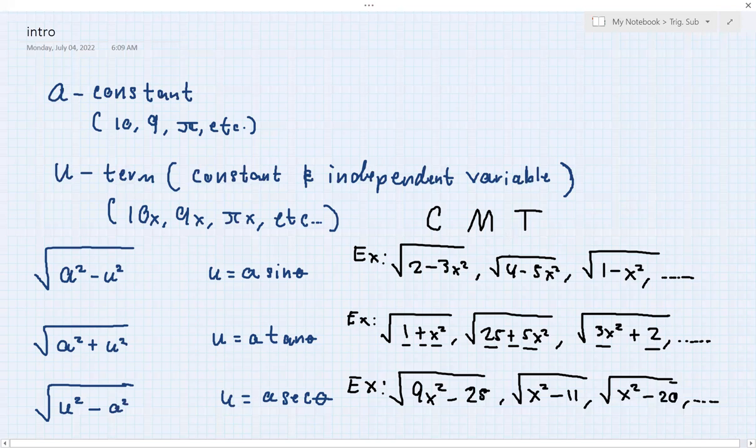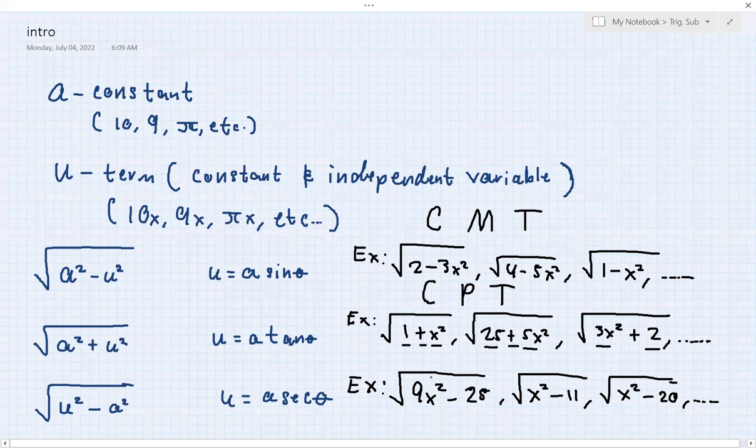Okay? CMT. Dito, meron kang constant, tapos ito, imbes na minus, meron kang plus sign, tapos meron kang term na may x, diba? Or independent variable. So CPT. Okay?